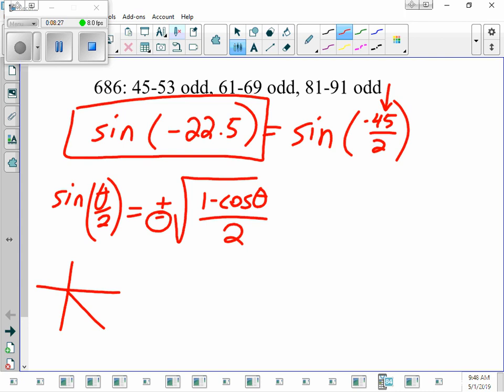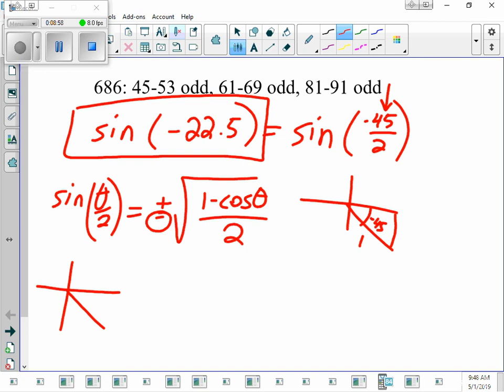So my angle is here at negative 45, which means my side lengths are 1 and what? What's my x value at negative 45?